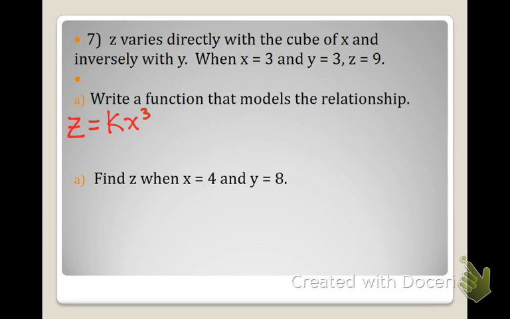So in inverse variation, k and y would get divided. So this whole thing gets divided by y. Do we have questions about that generic setup? Okay, once you have that, then you should be able to find k and then plug it back in for your model, your function that models the relationship.